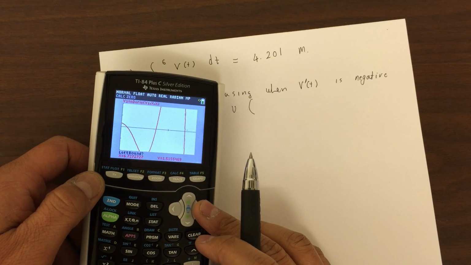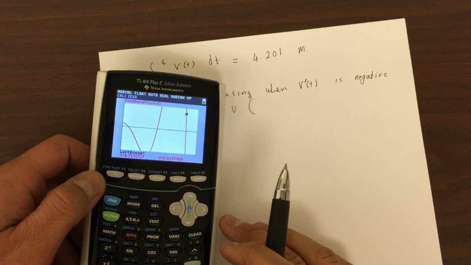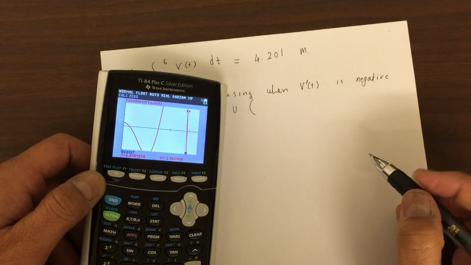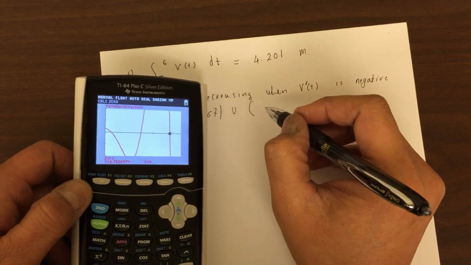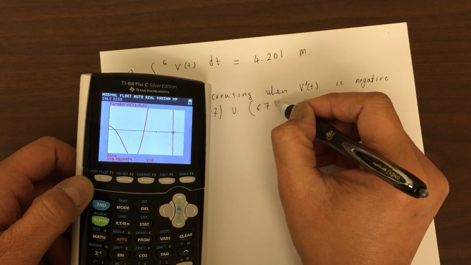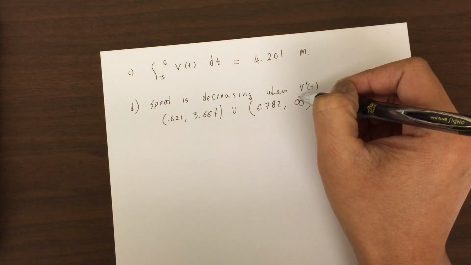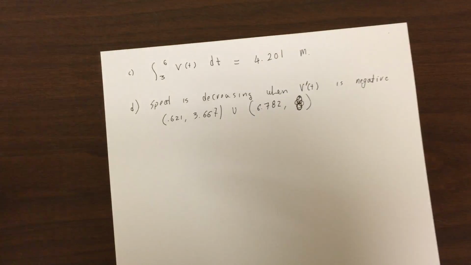It's still going, it went past right there. Okay, left bound, right bound, take a guess. And therefore it's also decreasing at 6.782 to 8, because 8 is the ending time. And there you go, that's why the speed is decreasing.